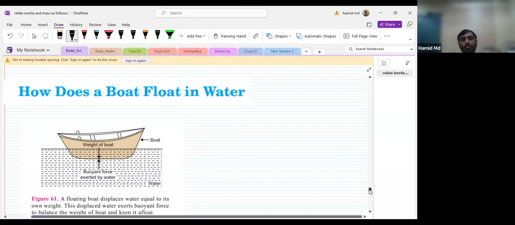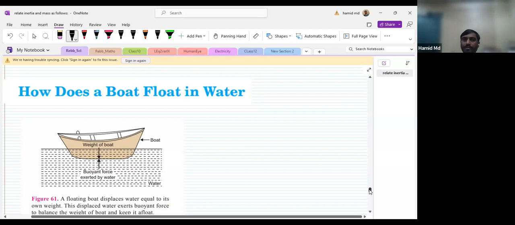So how does the boat not sink? Sometimes it sinks, when it is overloaded. Yes. This is the law of physics. If the buoyancy is equal to or greater than the weight of the boat, including the passengers and all, it will be safe.